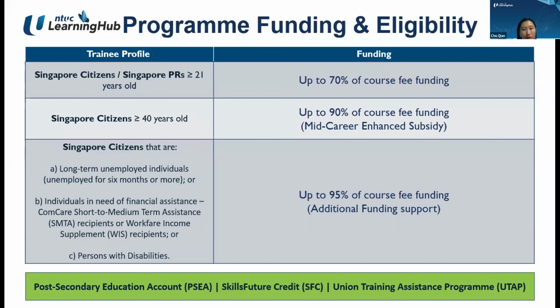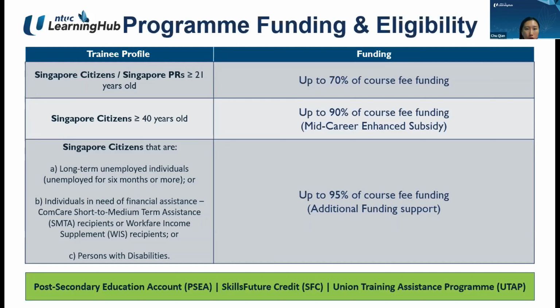And if you are long-term unemployed, meaning unemployed for 6 months or more, in need of financial assistance, or a person with disabilities, you can get up to 95% of course fee funding. On top of this funding, you can still tap on other schemes like your SkillsFuture credit, your UTAP, and your post-secondary education account, PSEA, to offset the remaining fees.